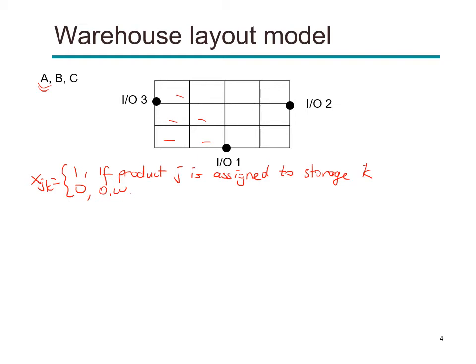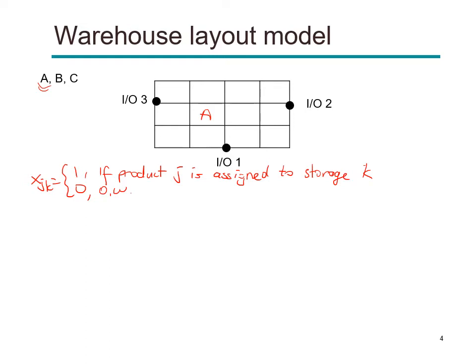Then when we have this objective function, when we have this decision variable, how can we write our objective function? Our objective function is to minimize the total travel distance, right? Then we need to consider each one of these activities. Let's say that A is located here.